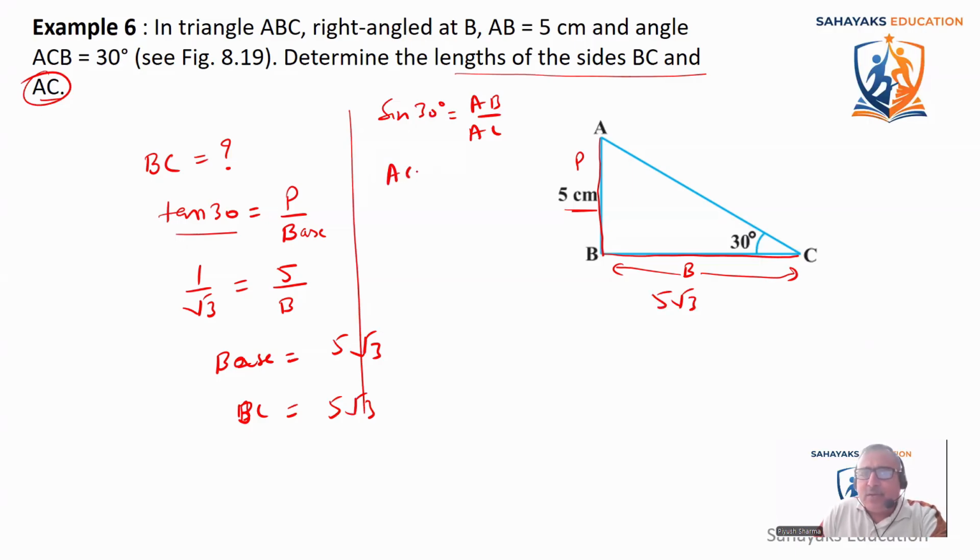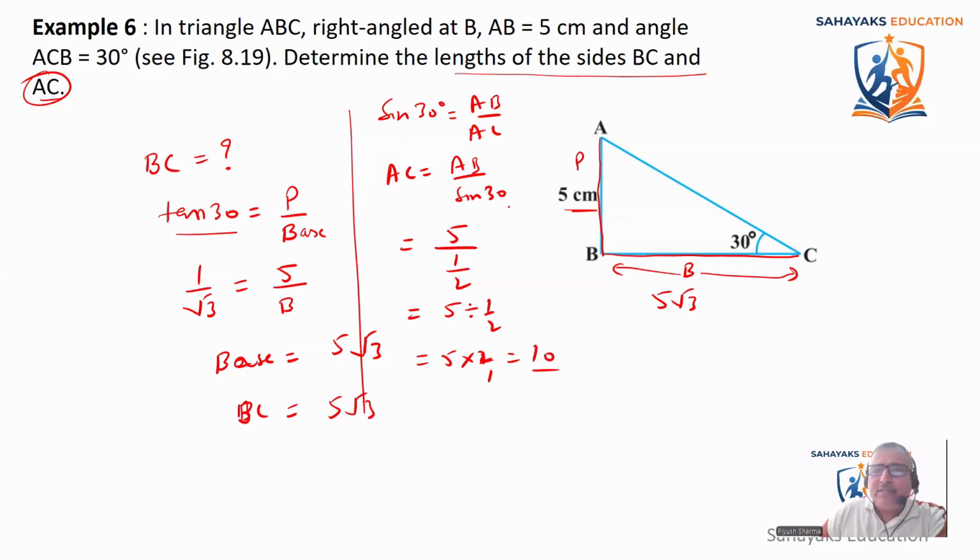So from here we can calculate AC is equal to AB divided by sine 30. So AB we already know it's 5 divided by sine 30. The value of sine 30 comes out to be 1 by 2. So 5 divided by 1 by 2 is equal to 5 multiplied by 2 by 1. That comes out to be 10. So the value of AC comes out to be 10.